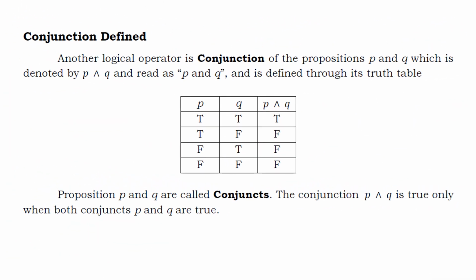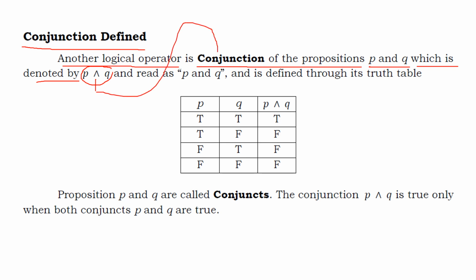Let's now go with your conjunction. Your conjunction is another logical operator. The conjunction of the propositions P and Q is denoted by this symbol, and read as P and Q. So this symbol will represent your conjunction, or we can read this one as P and Q, and it's defined through its truth table.